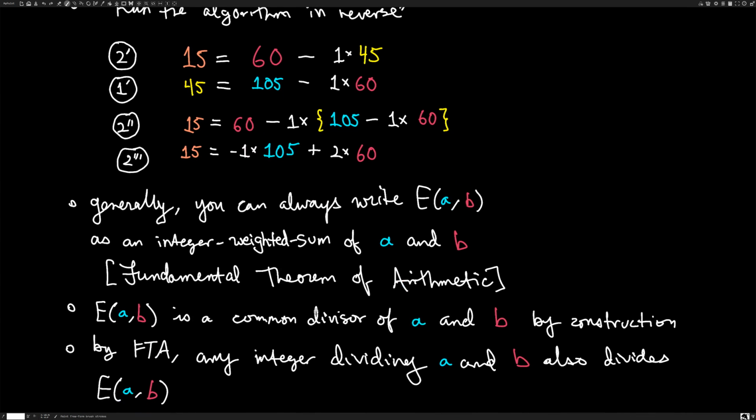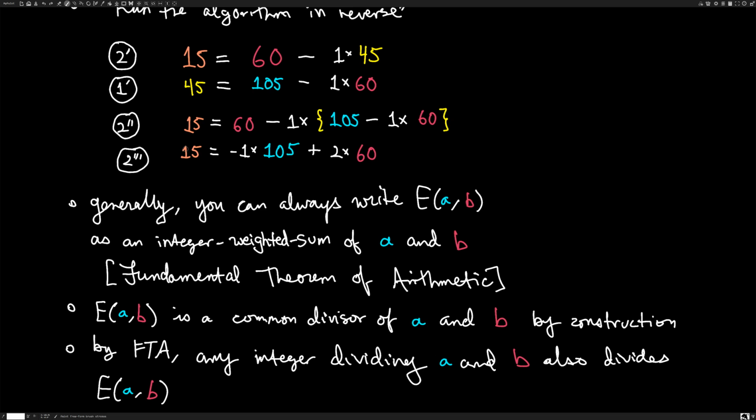The Euclid number of A and B is a common divisor of A and B, just from the way we've set it up. By the fundamental theorem of arithmetic, any integer that divides both A and B, so any integer that divides both the right-hand side of equation 2 triple prime, must also divide the left-hand side.